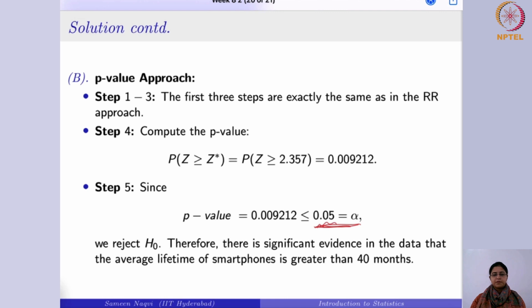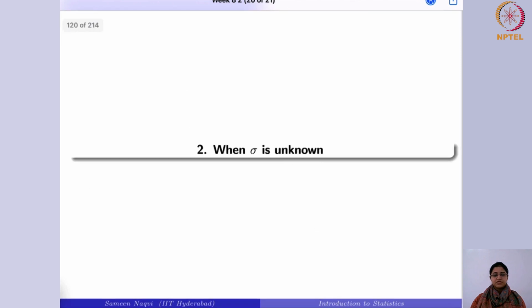So this was about the one mean test for the situation when the standard deviation is known to you. The second case is when the standard deviation is unknown. Likewise, here also we will have the three situations: the left-tailed, right-tailed, and two-tailed.